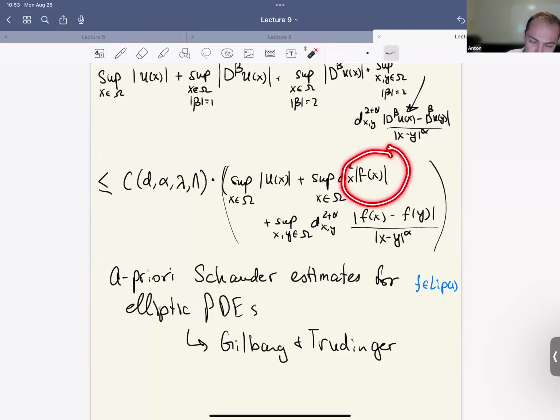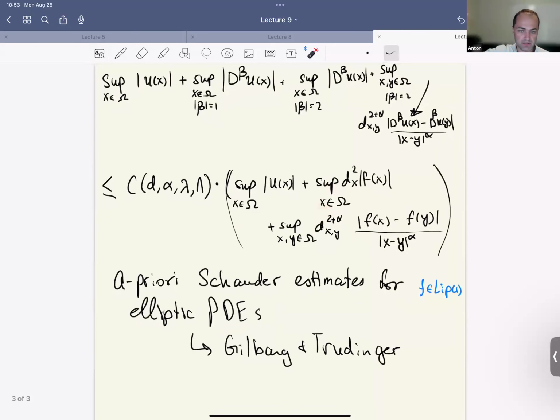At any rate, this part grows at most linearly in x, so we have something that grows at most linearly in x multiplied by this distance squared. We will want to take the sets omega to be pretty small balls, getting smaller and smaller as the value of x gets larger. If the balls are small, then the distance of any point to the boundary is small. It's at most the radius.